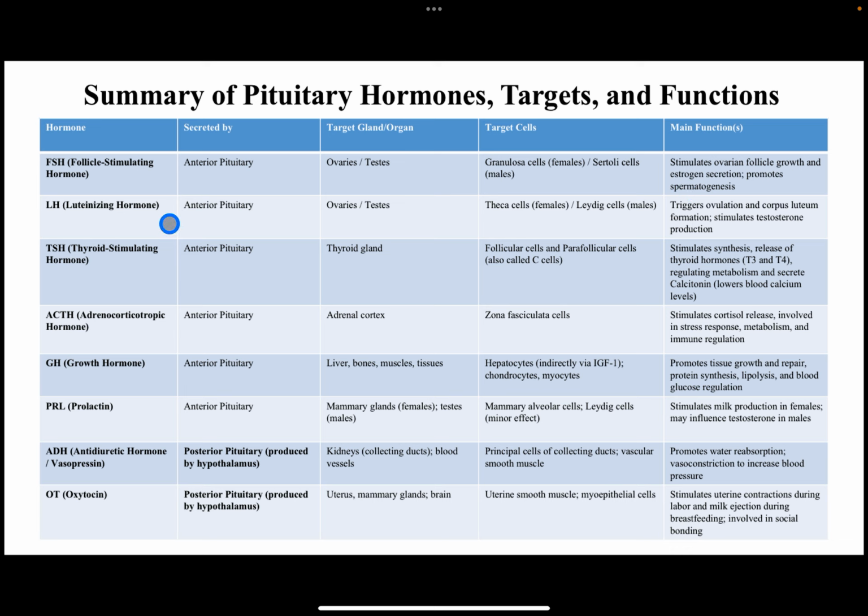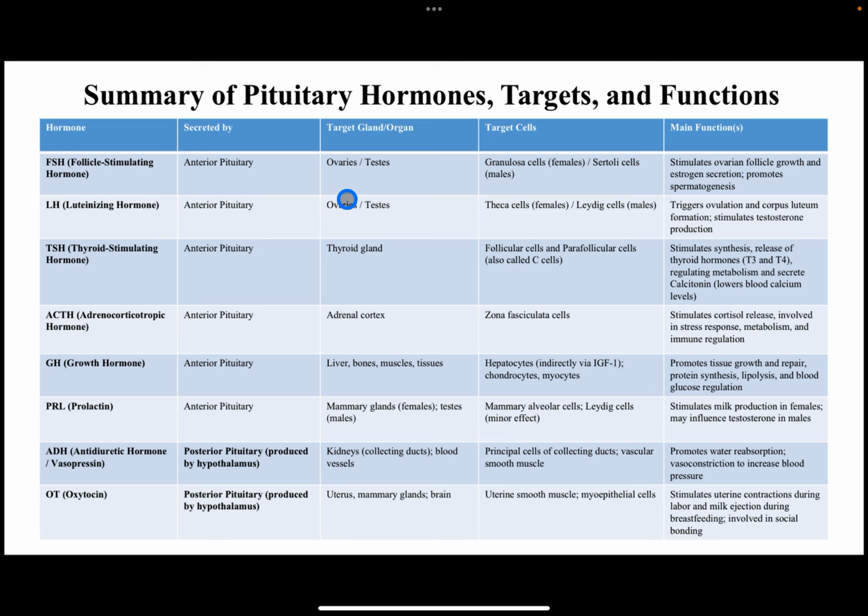Okay, good. Now, luteinizing hormone, LH. This hormone is also produced in the anterior pituitary, and it also targets the ovaries and testes. In the ovaries, specifically, it targets the theca cells in females, and in males, it targets the Leydig cells.